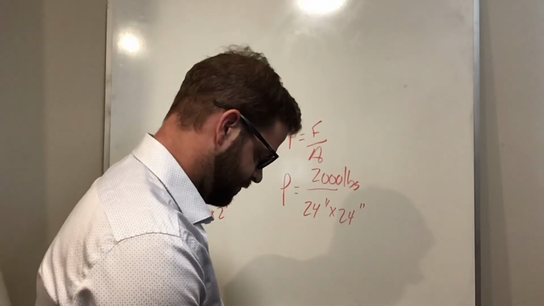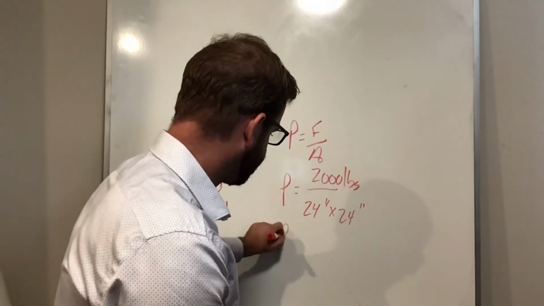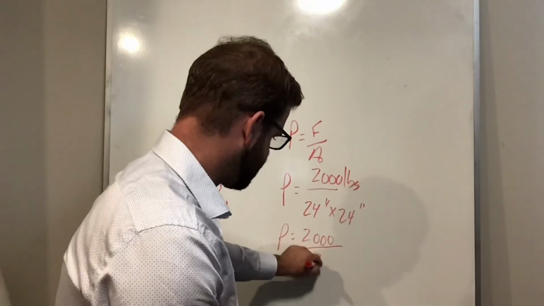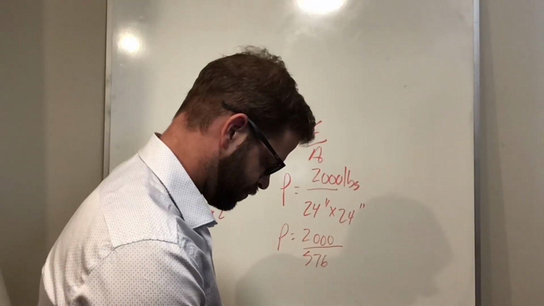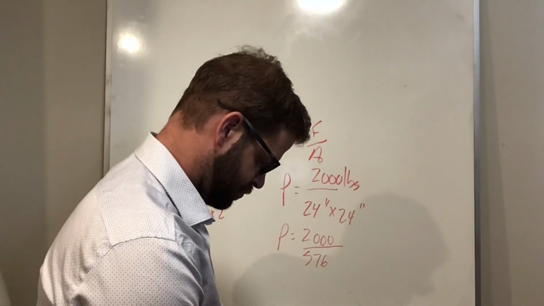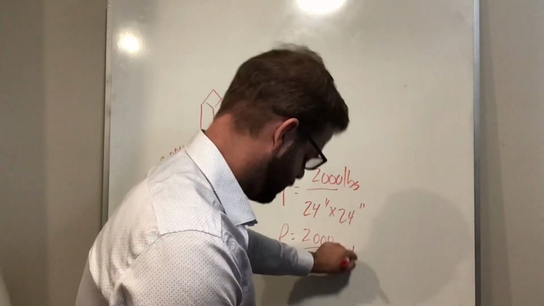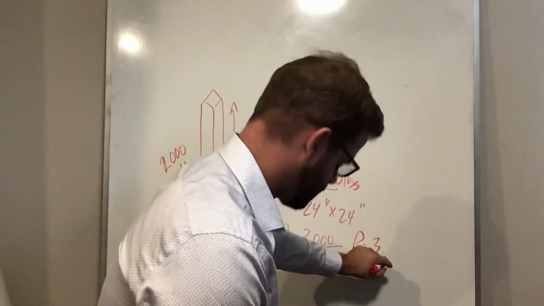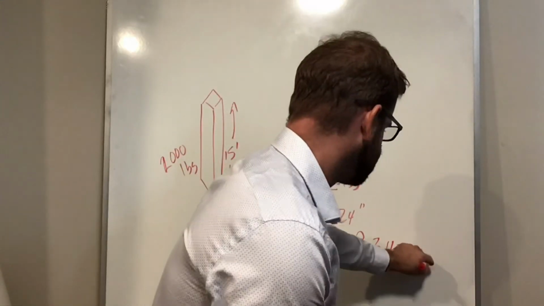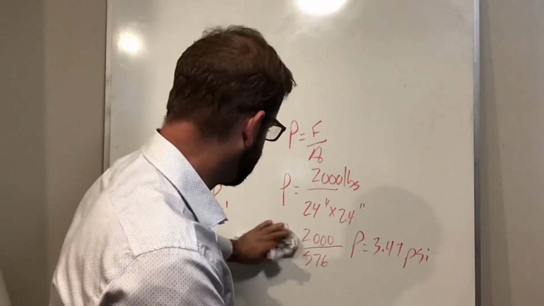So we have 24 times 24 is 576. 2,000 divided by 576. And we get a pressure of 3.47 psi. Okay, so that's the one way, 3.47 psi.